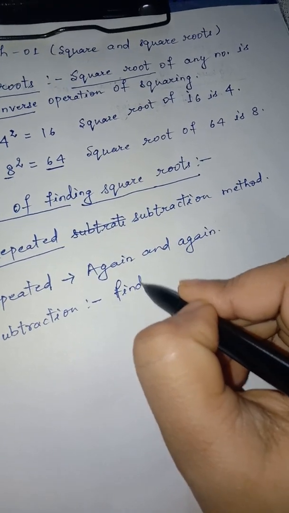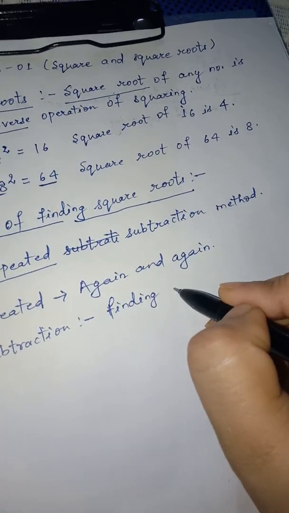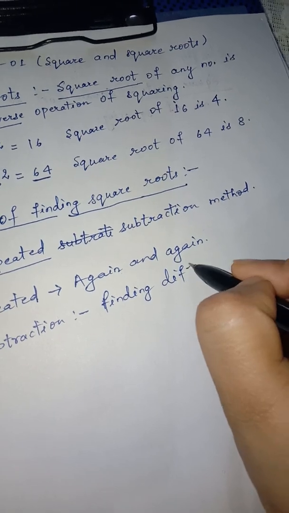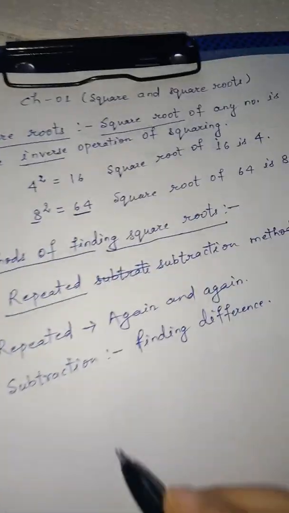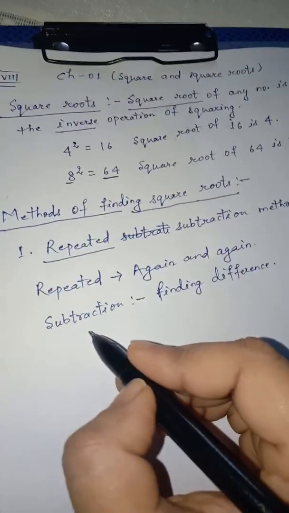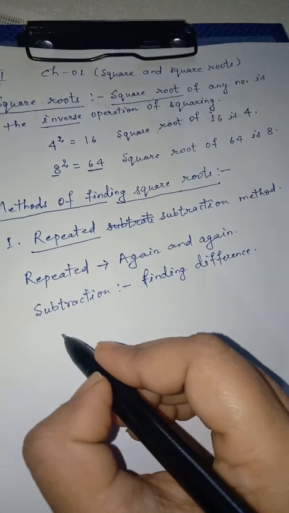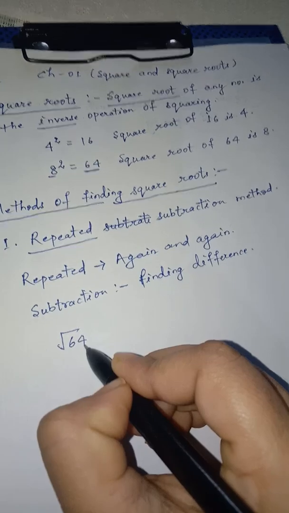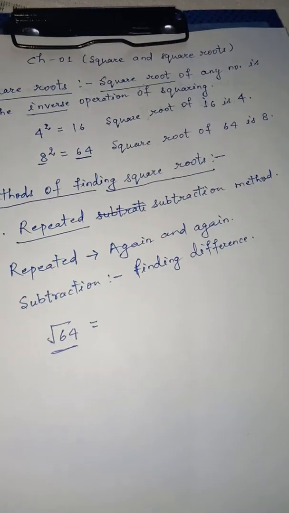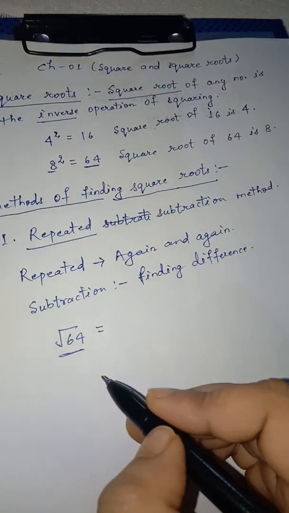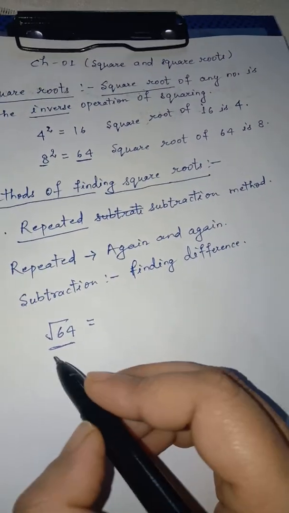So the most important thing is, if we have to find the square root of 64, which number should we subtract from this number? Firstly, we will have to be clear about this.